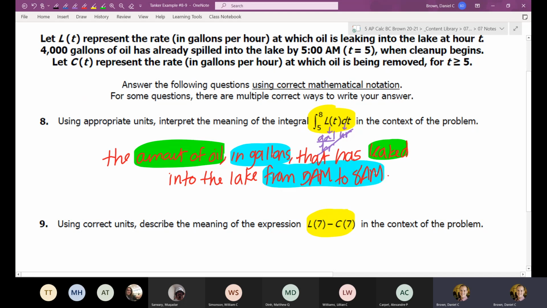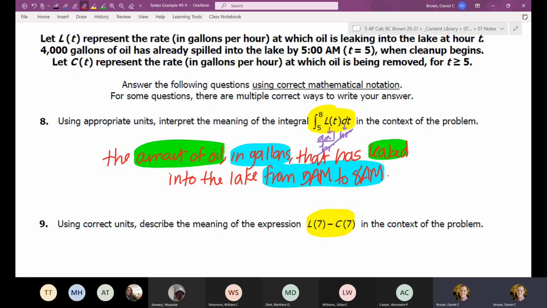to 8 a.m. Things that will get you into iffy territory are saying just from 5 to 8, or from t equals 5 to t equals 8, if you're not being clear what those numbers represent. You want to be very clear in the context of the problem.